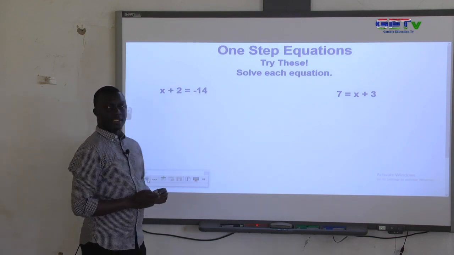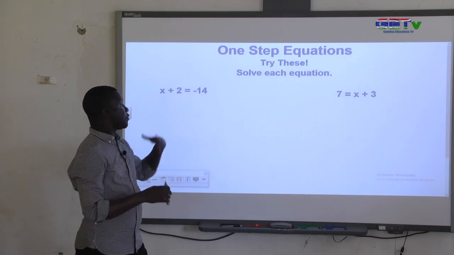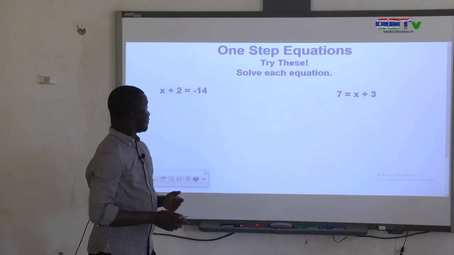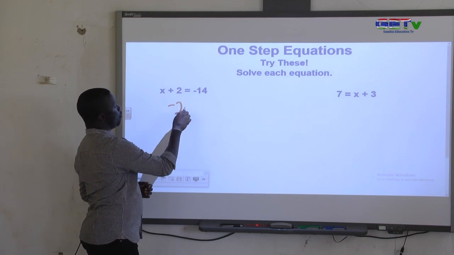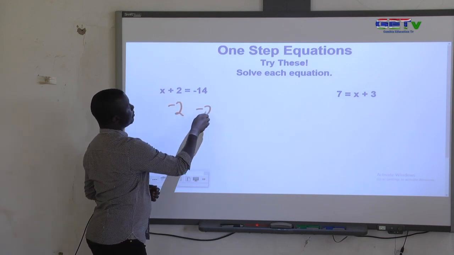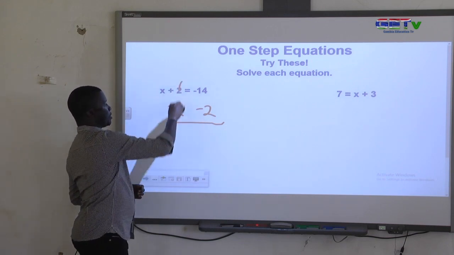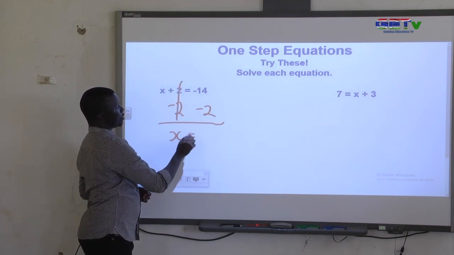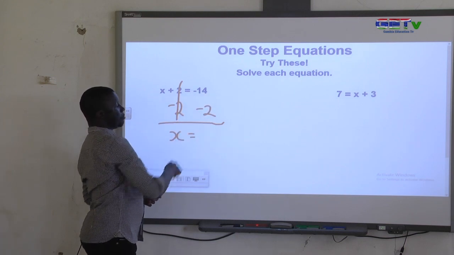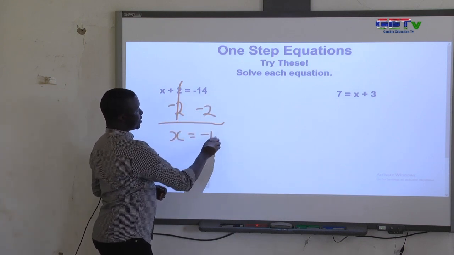So the operation here is a positive, and the inverse of positive is negative. Therefore, we subtract 2 from both sides. In doing so, this undoes this, and we have x is equal to negative 14 minus 2, which is negative 16.